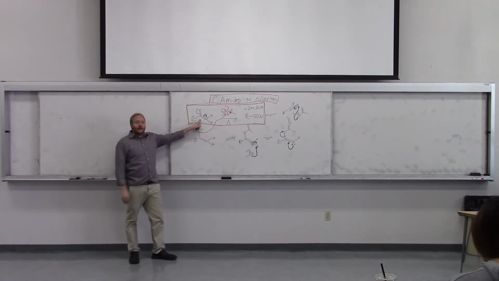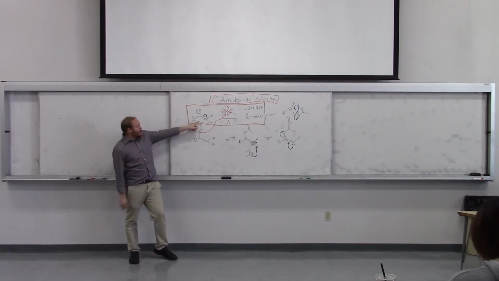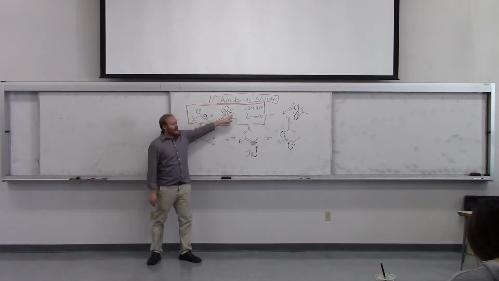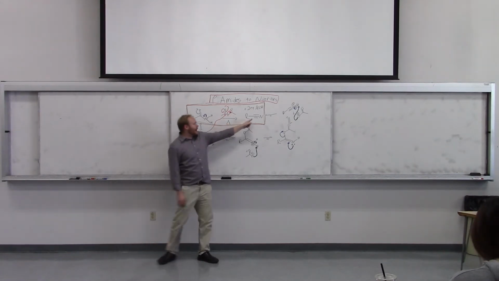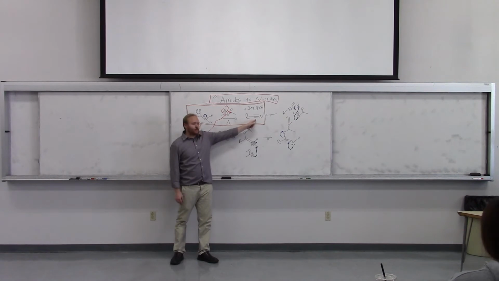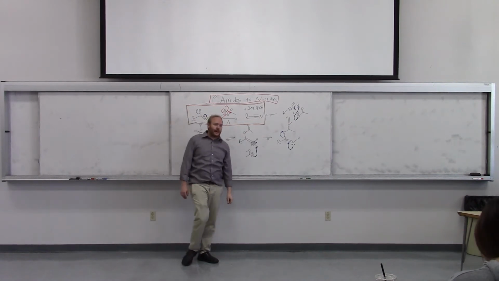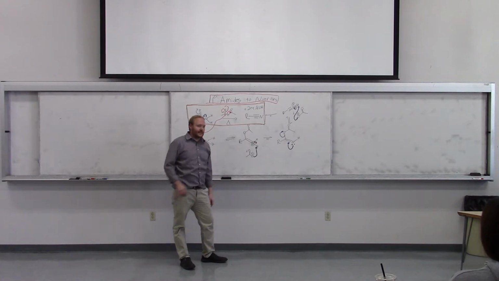So for making a nitrile, what I showed you before spring break, you take an amide and an anhydride, like this is acetic anhydride, and heat. The product we get out is going to be a nitrile, so a carbon with a triple bond to a nitrogen, and 2 equivalents of acetic acid.